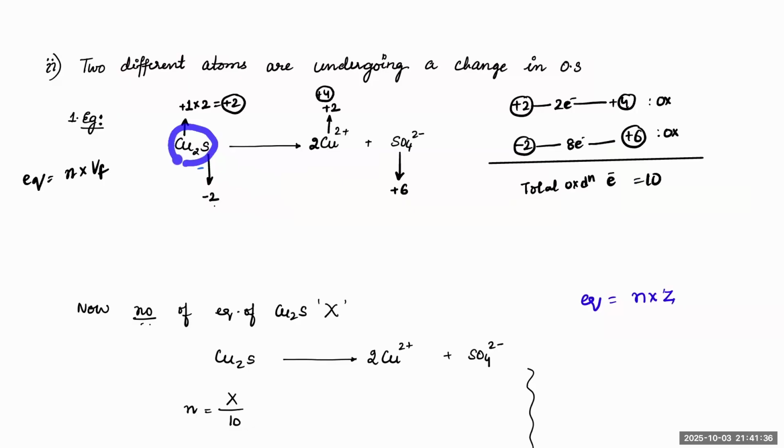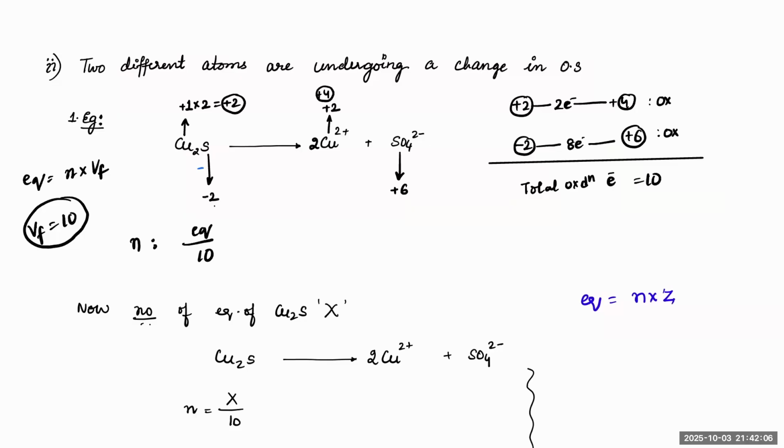Now, as a molecule, Cu2S overall is involving 10 electrons. That means it is giving away 10 electrons. So the valency factor automatically becomes 10 in this case. Hence, if I have to write the number of moles here, I will write this as number of equivalents divided by 10. Correct?